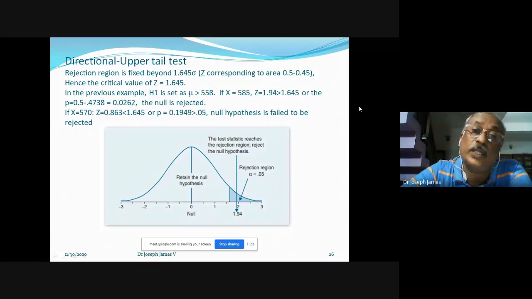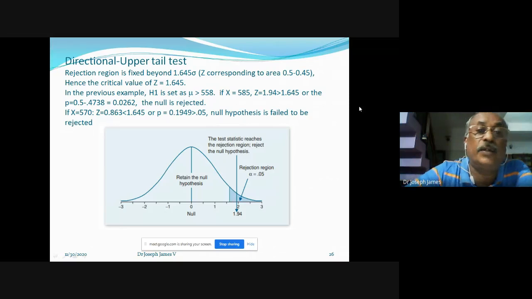The null hypothesis remains the same, that is H0 is equal to 558, and the alternate hypothesis is stated as mu is greater than 558. If x bar is equal to 558, z value is 1.94 and it is greater than 1.645, or p is equal to 0.0262. Here there is no need to multiply by two, because it is a single tail test. With p equal to 0.0262, the null hypothesis is rejected.